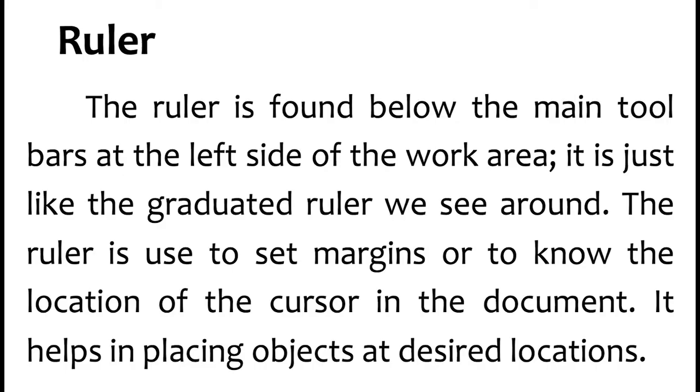The ruler is found below the main toolbars at the left side of the work area. It is just like the graduated ruler we see around. The ruler is used to set margins or to know the location of the cursor in the document. It helps in placing objects at the desired location.